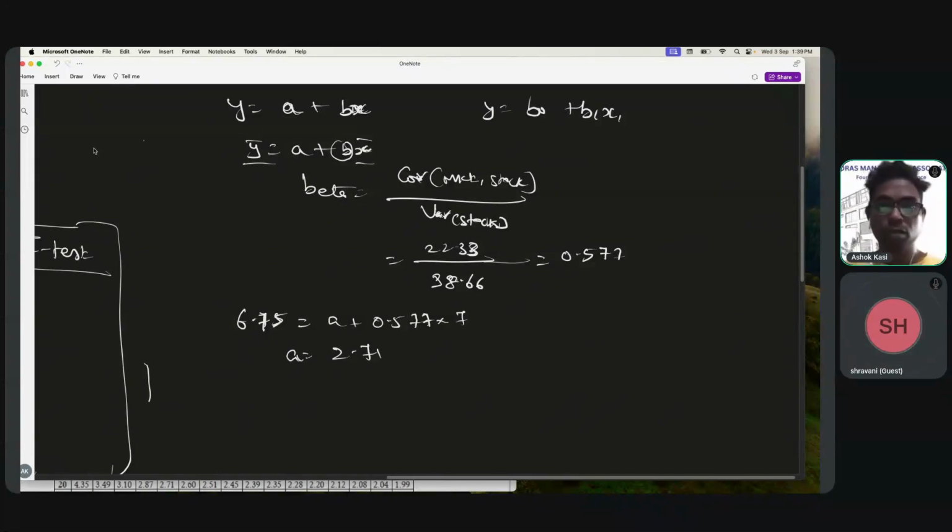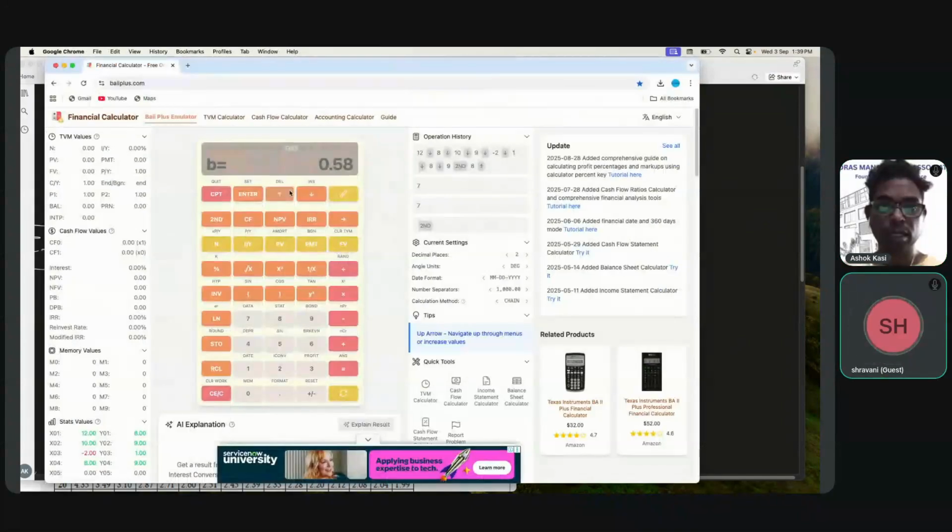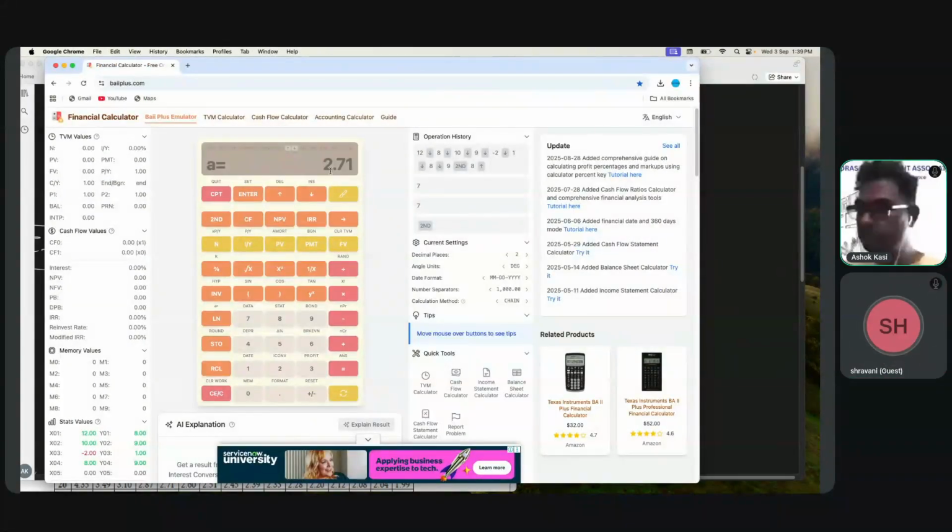Go to the calculator and do the cross checking. A is 2.71, correct, and B is 0.58. That is also correct.